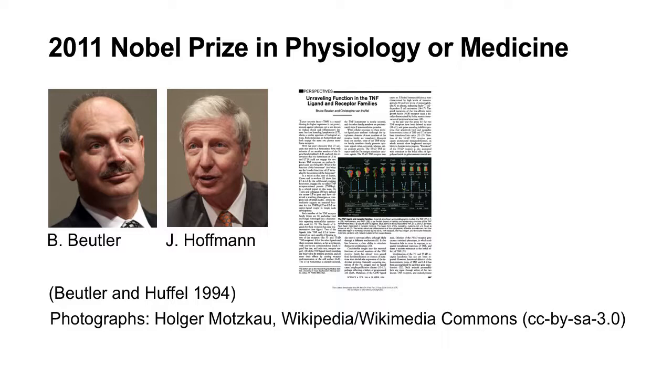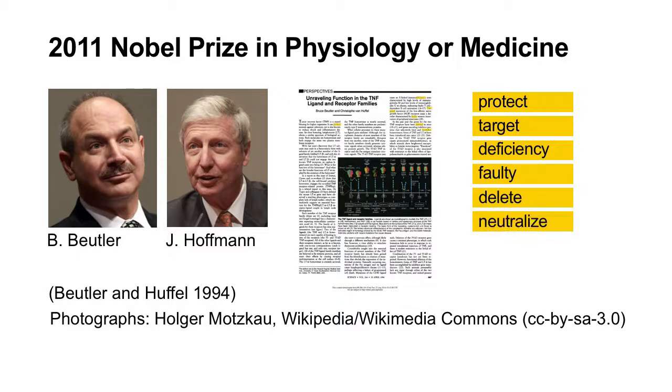What we have found is that even these experts, even these guys who got a Nobel Prize, were using analogies. They used terms like protect, target, deficiency, faulty, delete, neutralize, resistance. So they were using analogies from the same field, from the field of war, from the field of fighting, to understand and communicate their topics.